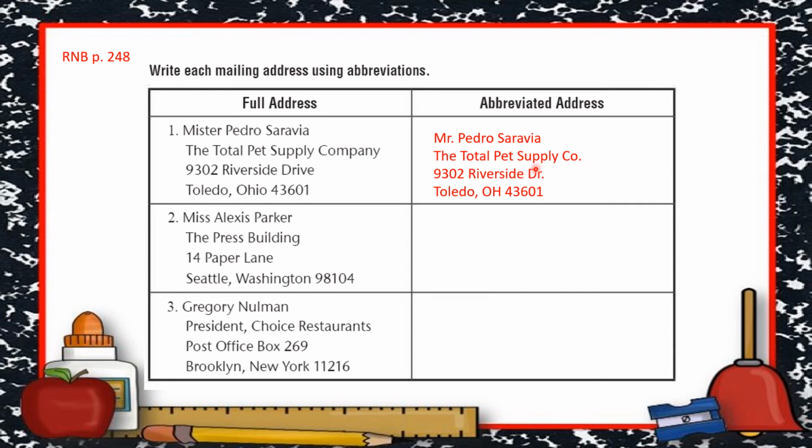Now, drive would have the same abbreviation as doctor, capital D, R, and a full stop. But then for some sources, drive is written as capital D, R without a full stop. So both are acceptable. Also, you have Toledo, Ohio. So the correct abbreviation for Ohio, the state, would be capital O and capital H. So now it's your turn to abbreviate the next 2 addresses or mailing addresses in here.